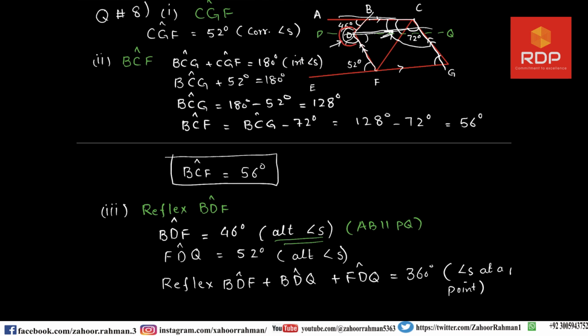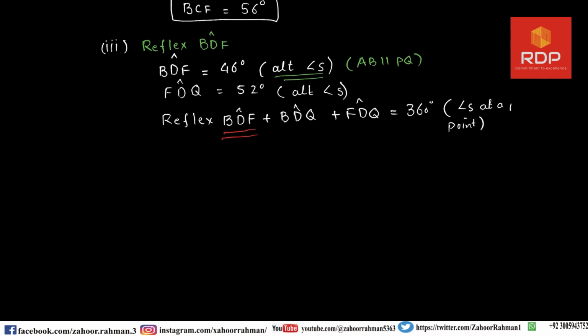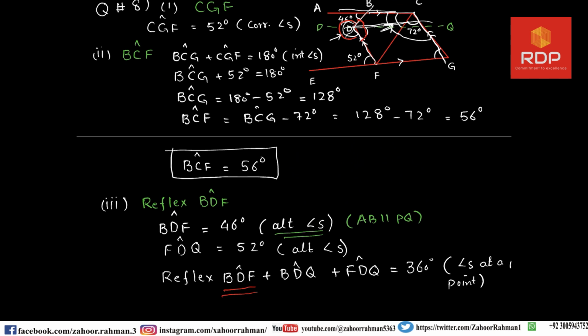So this plus this plus this, these three lines reflect BDF and BDQ, which is this one, and then we have FDQ, which is this one. So all the angles are completing a circle, so that is why we wrote that it is equal to 360.